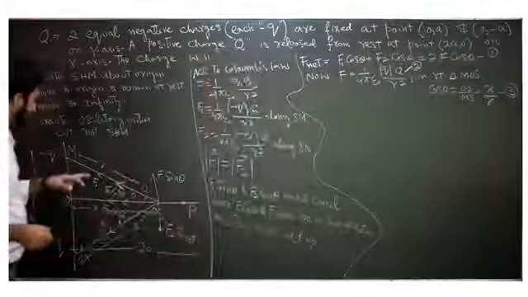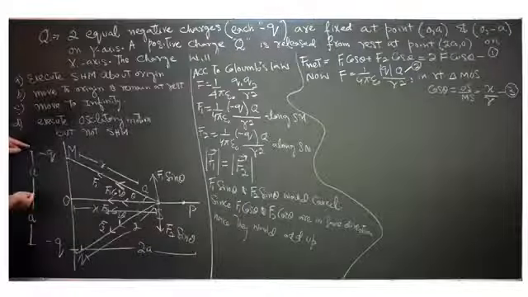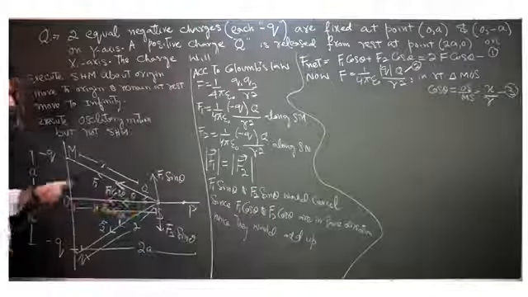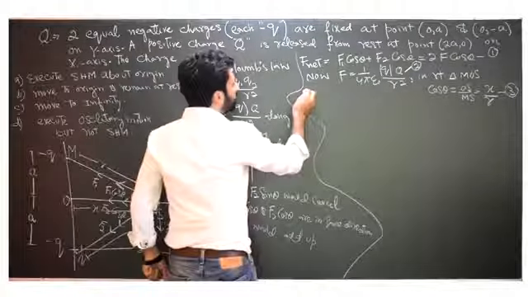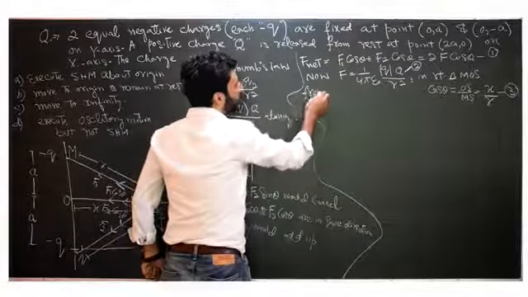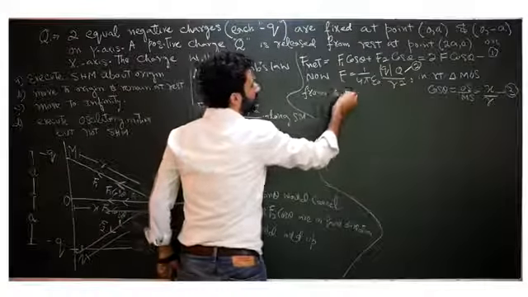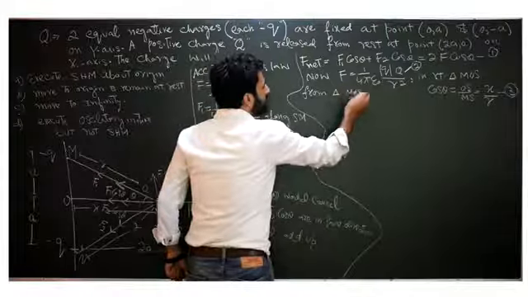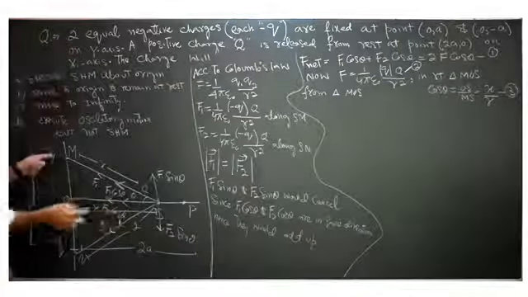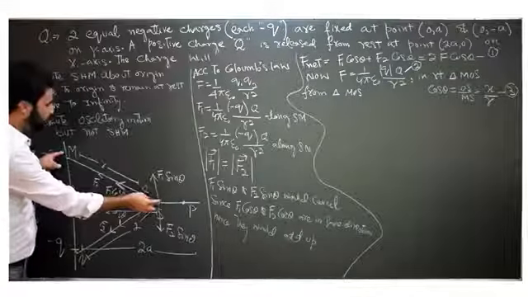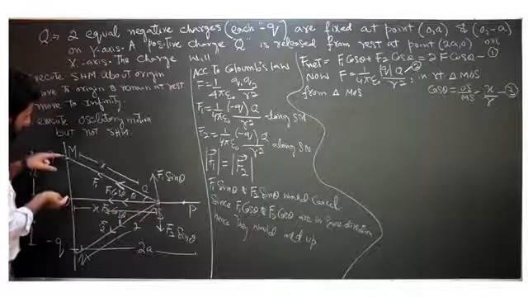Now we can write this R in terms of A and X. From the same right triangle MOS, if we use Pythagoras theorem, hypotenuse square is equal to base square plus perpendicular square.